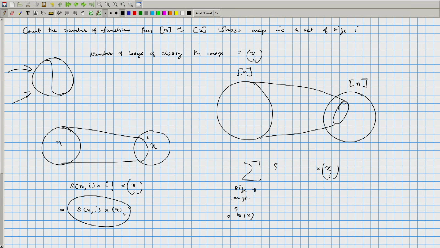The number of surjective functions is S(n, I) times I factorial, so the count is S(n, I) times x falling factorial I. Summed over all values of I, this is the total number of functions, which equals x raised to n. So, that concludes the proof of this particular identity.